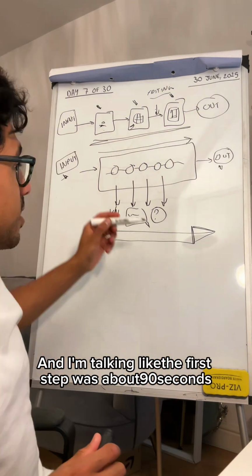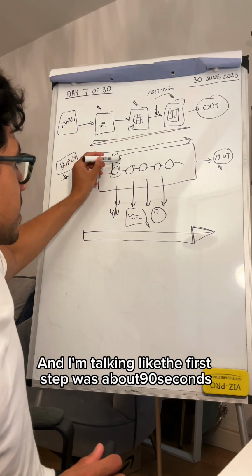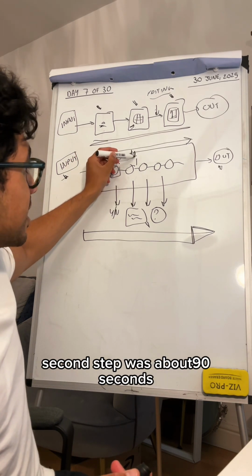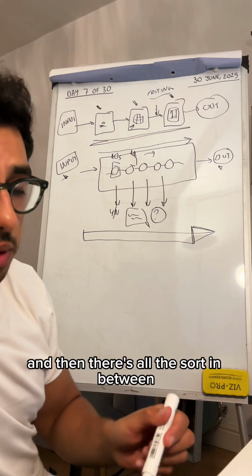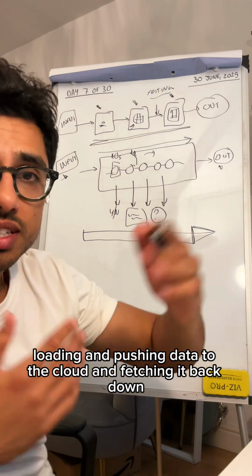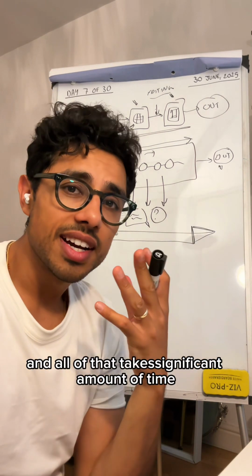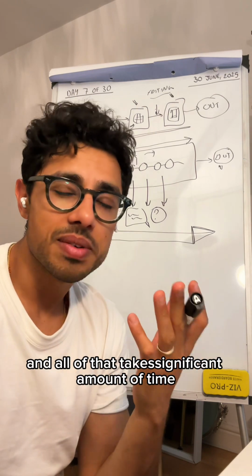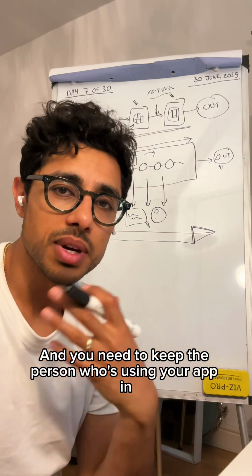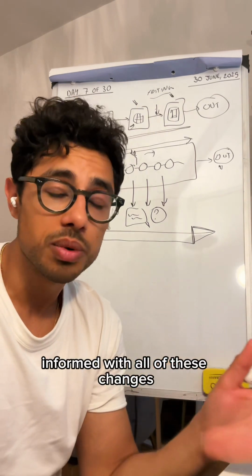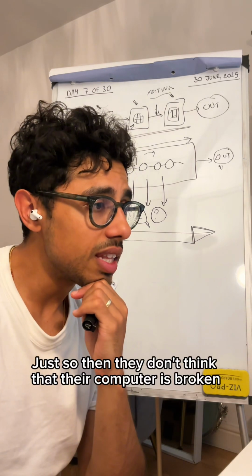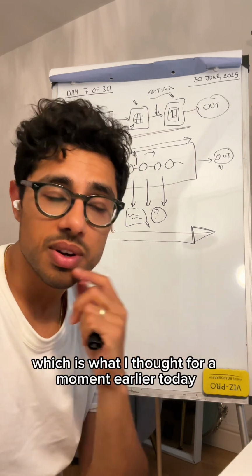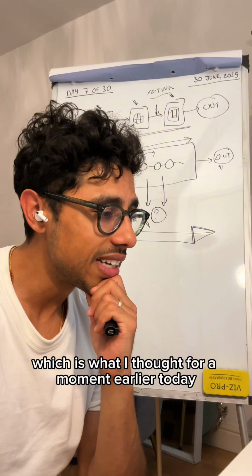I'm talking like the first step was about 90 seconds, the second step was about 90 seconds, and then there's all the in between loading and pushing data to the cloud and fetching it back down. All of that takes a significant amount of time, and you need to keep the person who's using your app informed with all of these changes, just so they don't think that their computer's broken, which is what I thought for a moment earlier today.